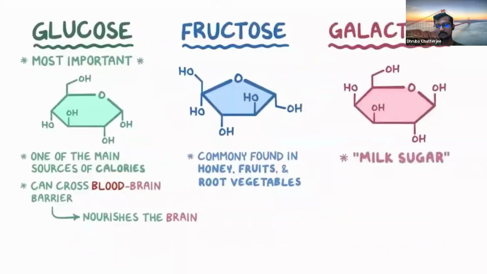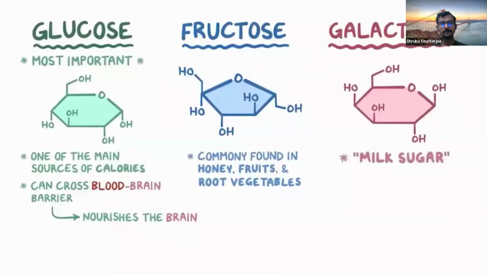Fructose is very commonly found in fruits, honey, etc. Whereas glucose is the most important sugar for us and the major source of energy, especially for the brain. It crosses the blood-brain barrier to reach the brain, which uses glucose as a major source of energy. All our cells, to be honest, use glucose as the main source of energy, but the brain has a specifically high demand for glucose.